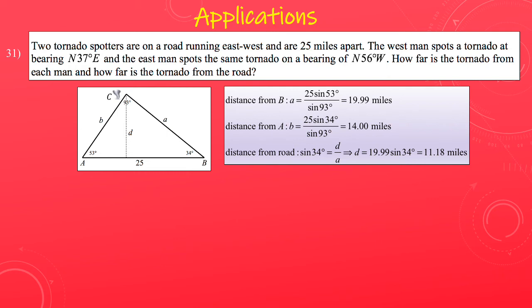The distance from A uses little b, and therefore we're using the law of sines with the B family and the C family, and we get b is equal to 25 sine of 34 degrees over sine of 93 degrees, and we get little b, which is equal to 14 miles exactly. And therefore the distance from the road, we could use either of the right triangles, and we get 19.99 sine of 34 degrees, which is equal to 11.18 miles.